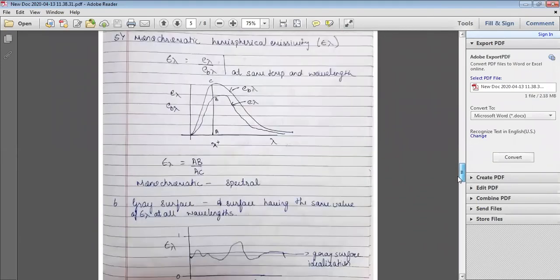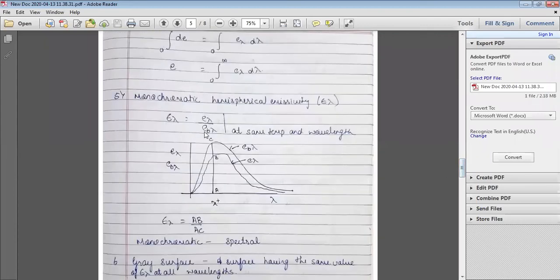Then the last part of emissivity: I have a monochromatic hemispherical emissivity. It is given by epsilon lambda, and it is the ratio of the monochromatic hemispherical emissive power to the monochromatic hemispherical emissive power of a black surface at the same temperature and wavelength.